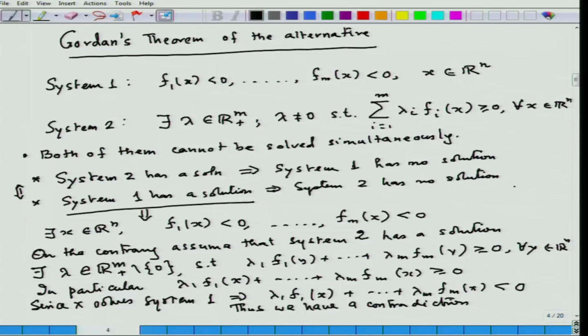So, here I am trying to prove that if system 1 has no solution, then it should imply that system 2 has a solution.